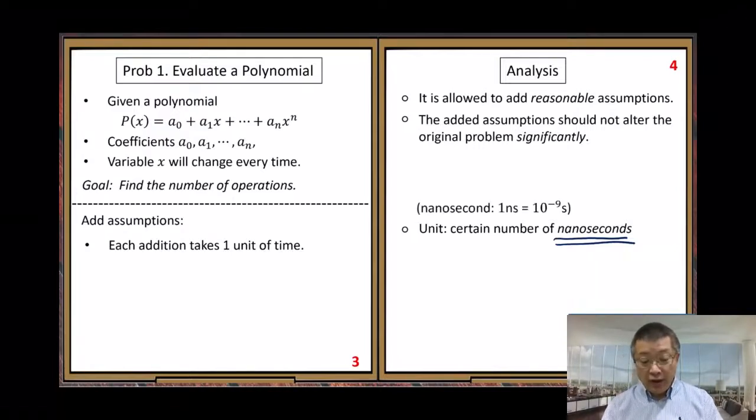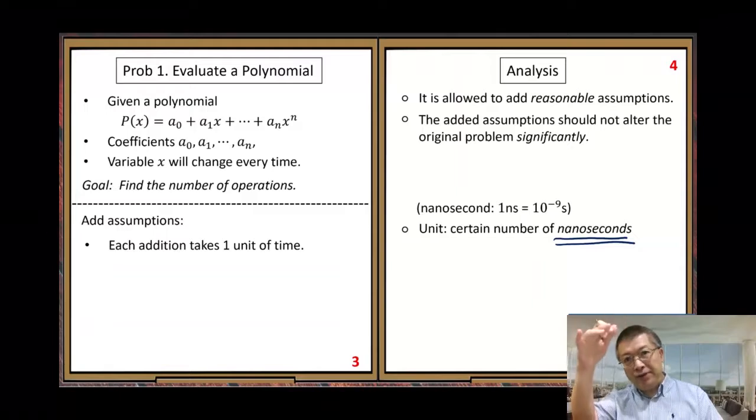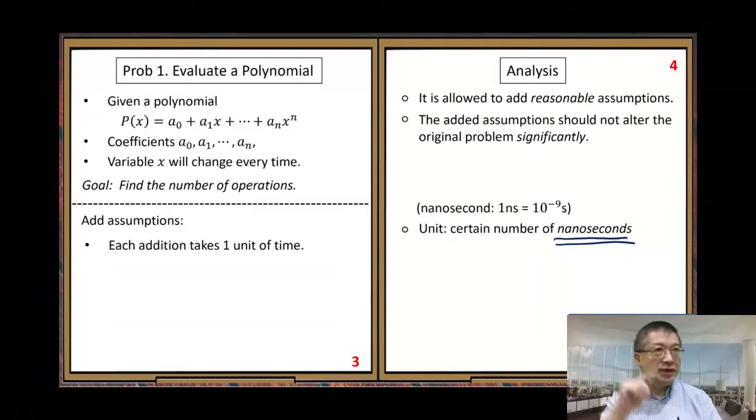And we know 1 nanosecond equals 10 to the negative 9th second, or 1 billionth of 1 second. So how little is that number, how fast for one addition in a current PC.